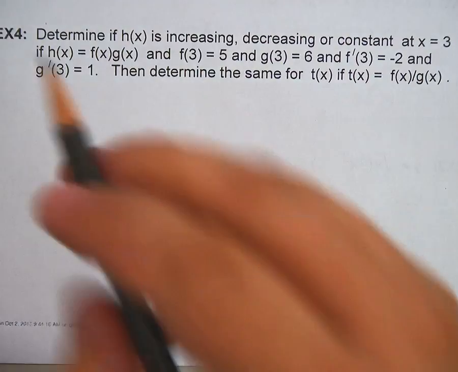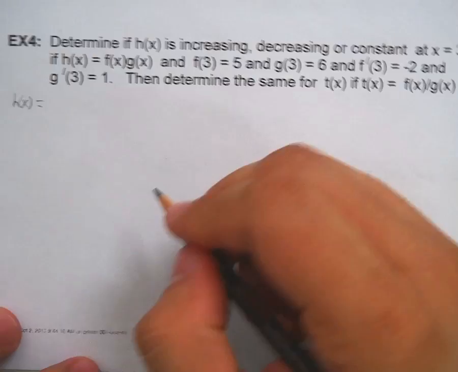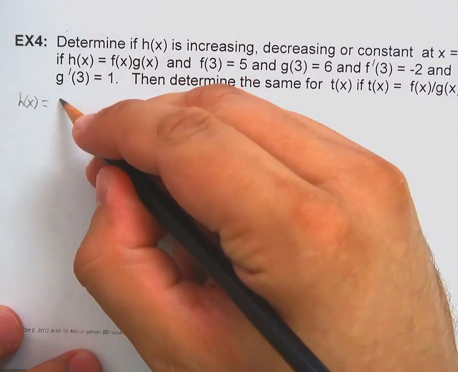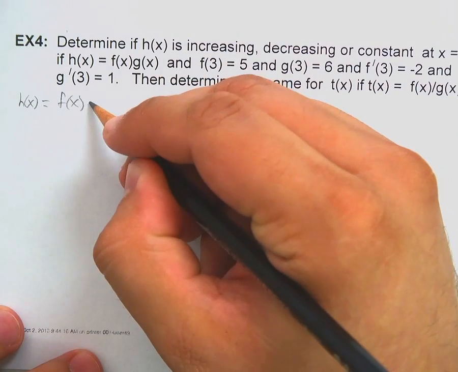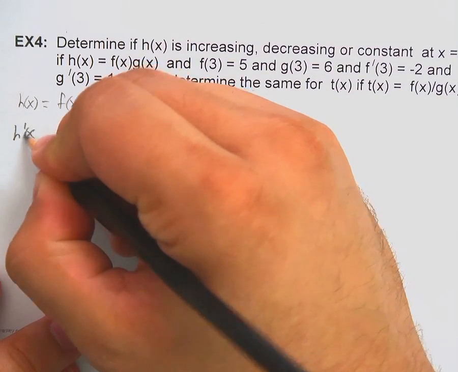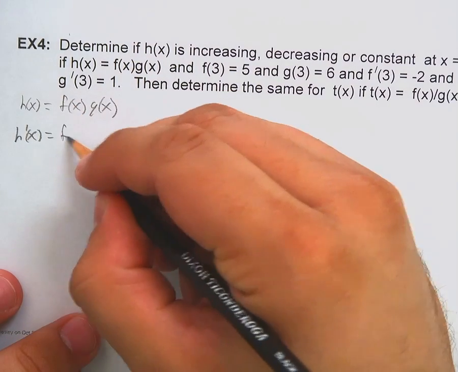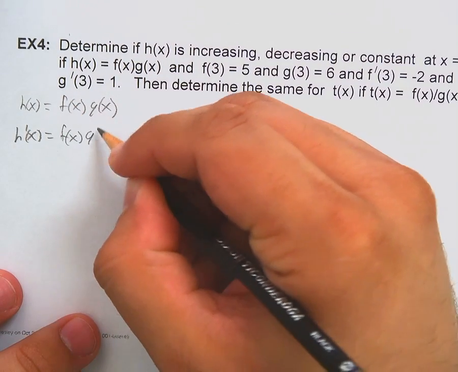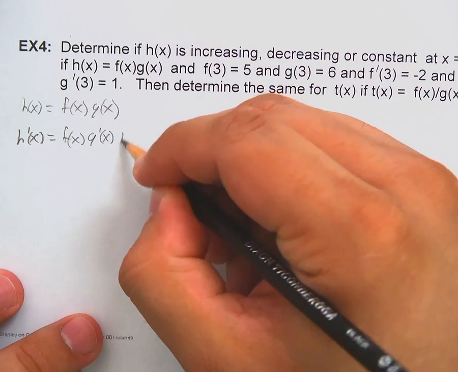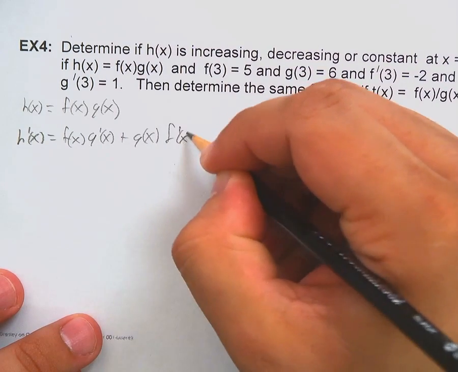If h of x is f of x times g of x, I'm going to use the product rule. H prime of x is going to be f of x, g prime of x, plus g of x, f prime of x.